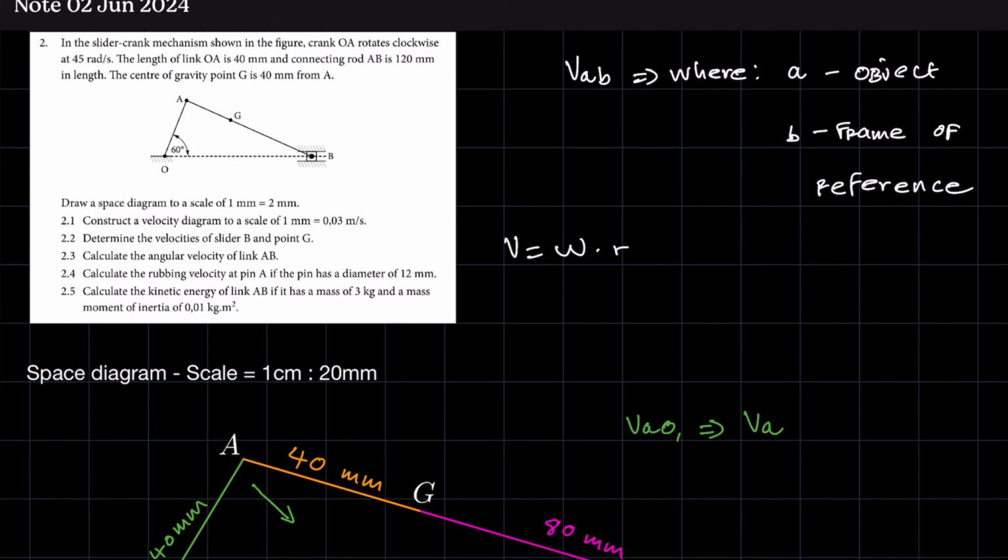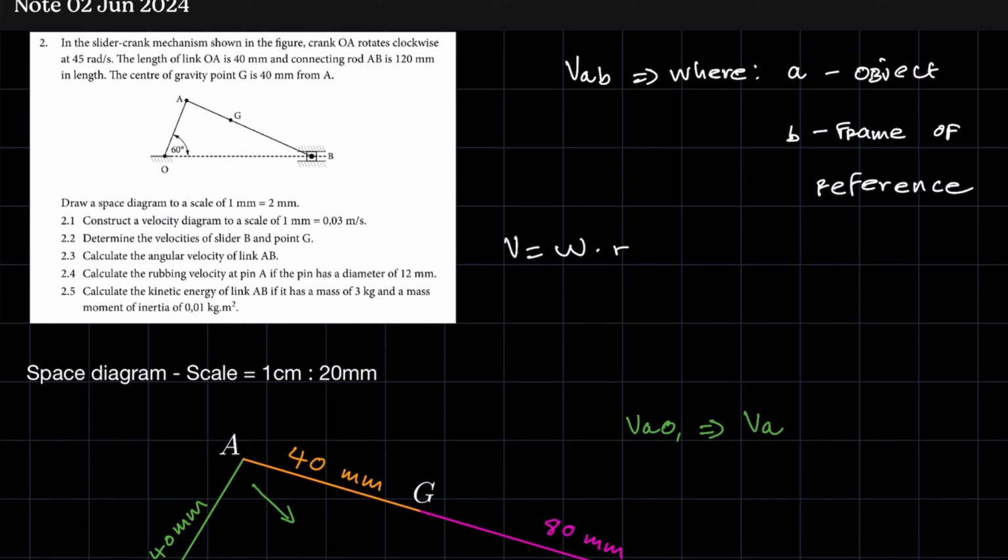Now we need to represent the 1.8 meters per second onto the velocity diagram. As far as the scale, remember in the previous lesson I said your scale must be specific to the diagram you want to draw.